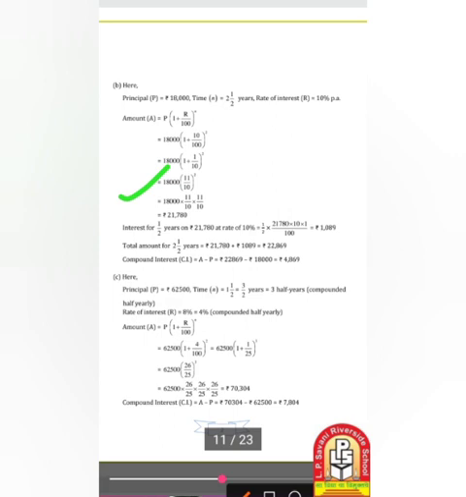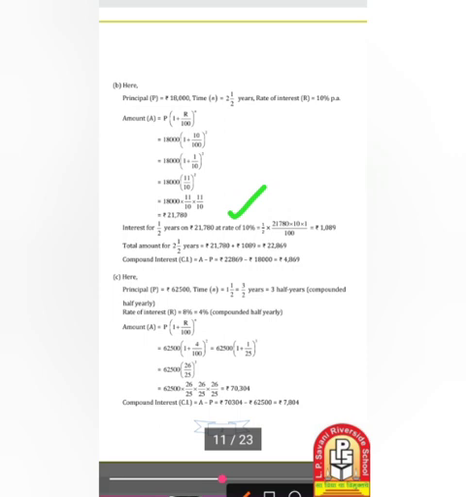Then 18,000 into 11 by 10 raised to 2, that is 18,000 multiplied by 11 by 10 into 11 by 10, which is 21,780. Here 2 into 1 by 2 is for the 2 and a half years.